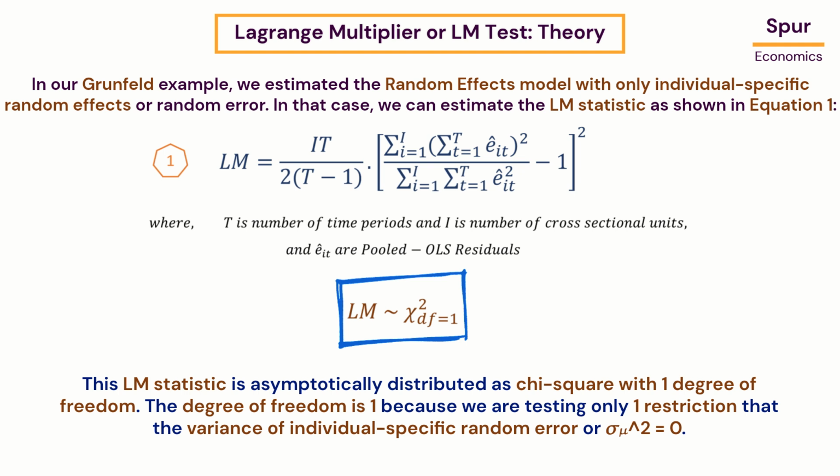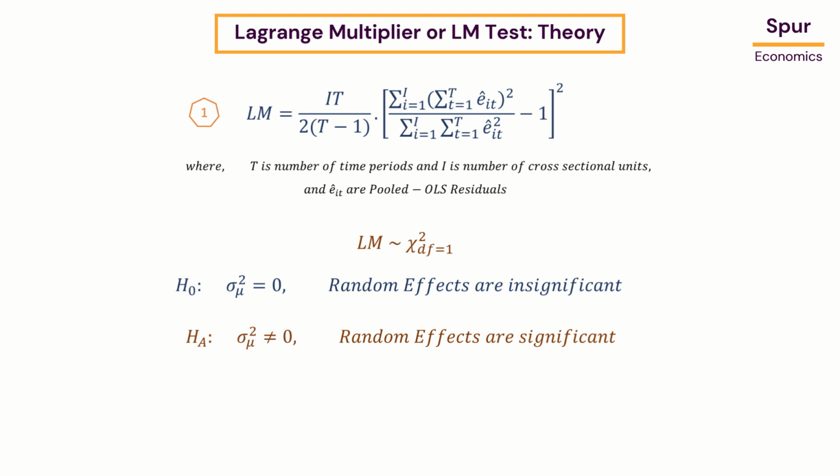This LM statistic is asymptotically distributed as chi-square with 1 degree of freedom. The degree of freedom is 1 because we are testing only one restriction, that the variance of individual specific random error, or sigma mu square, is 0. The hypothesis of this Breusch-Pagan LM test can be stated as shown here.